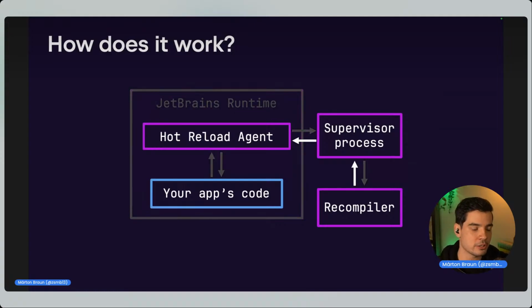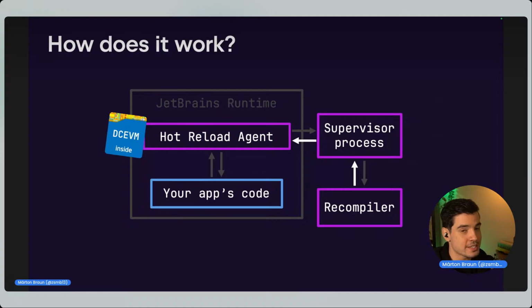And whenever recompilation happens and that new bytecode is passed back to the supervisor, it will pass it on to the agent and the actual reload will happen. So first we'll invoke DCEVM, which will take all the classes in memory from the old version to the new version.